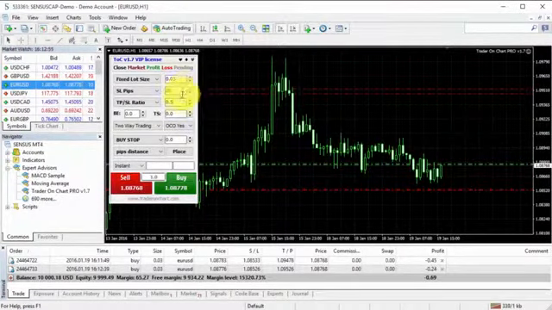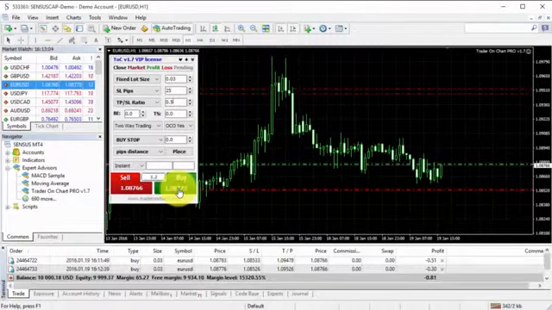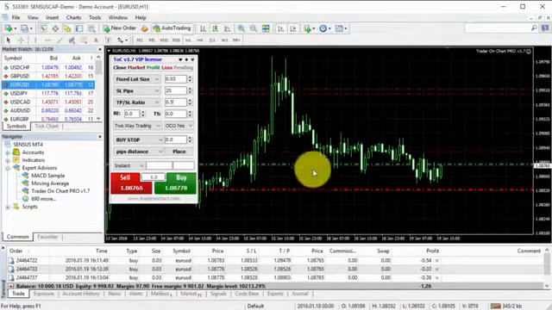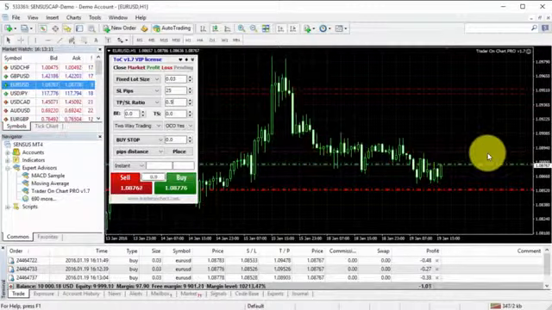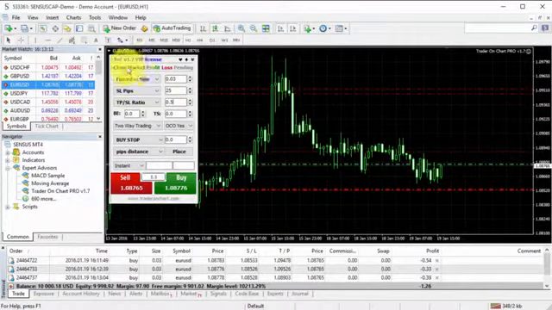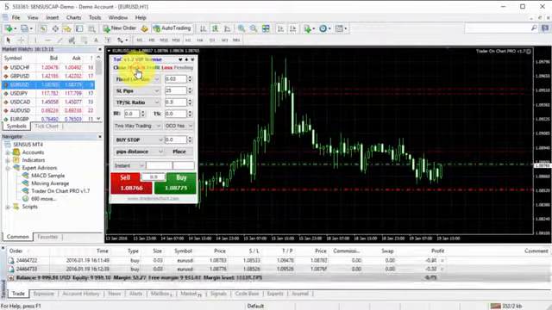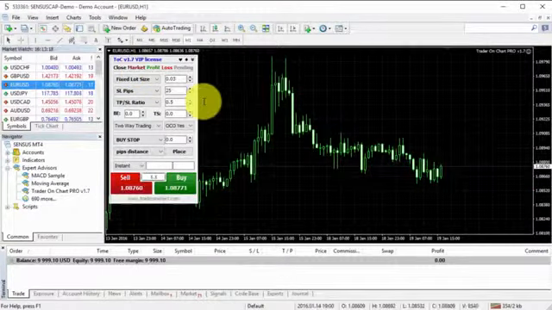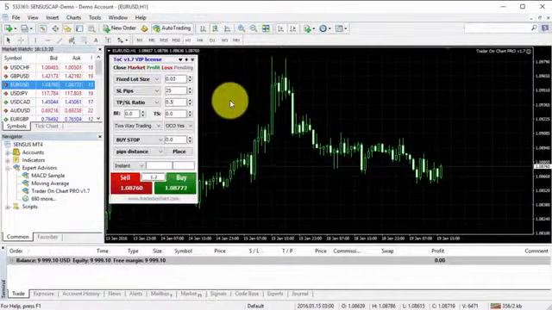This will make my take profit 2 times smaller than my stop loss in pips. So I will click buy again, and I see another order open, and here's the smaller take profit right now. And again, if I click the market button, it will close all the market trades. So we can start over.